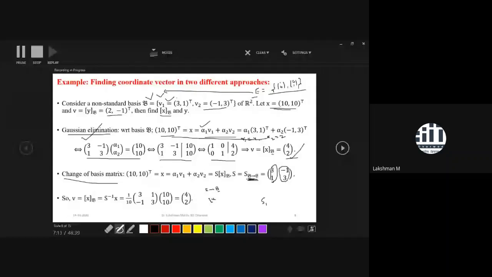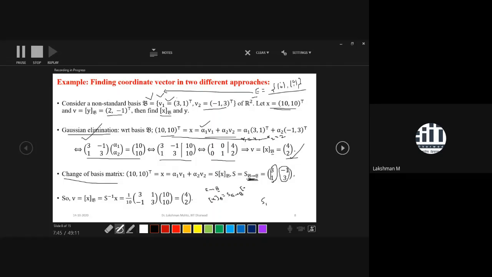We are finding its coordinates with respect to B, which would be the new coordinates of x, because we are changing from E to B. It would be equal to the change of basis matrix from E to B, which we then multiply with the old coordinates of x.